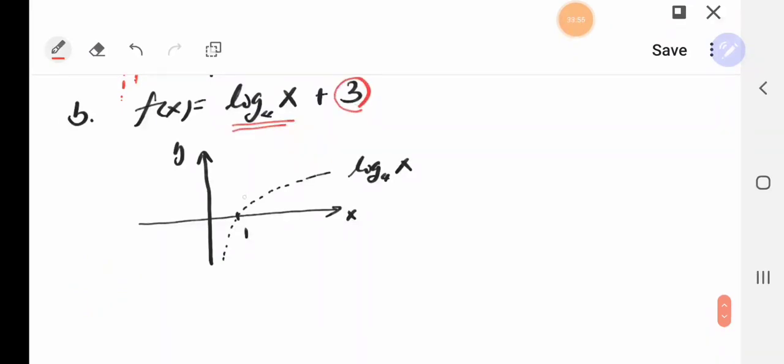So we will shift this one 3 units up. 1, 2, 3. Shift this 3 units up. So that looks like this. So shift this point 3 units up. 1, 2, 3 up.